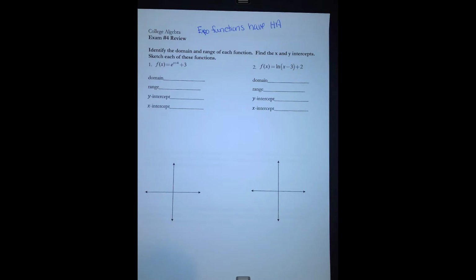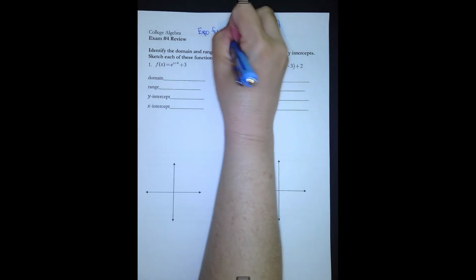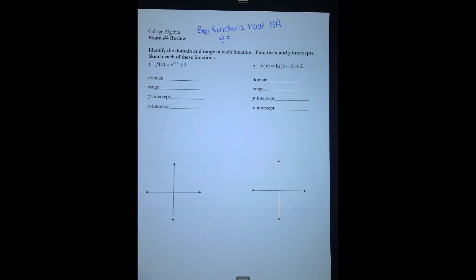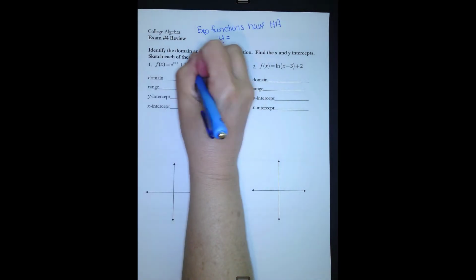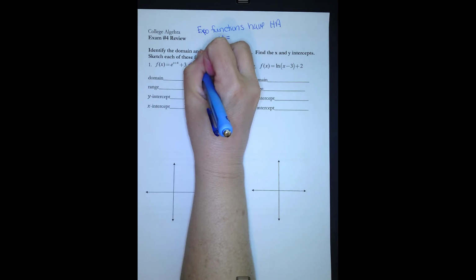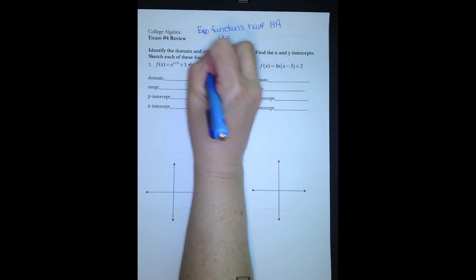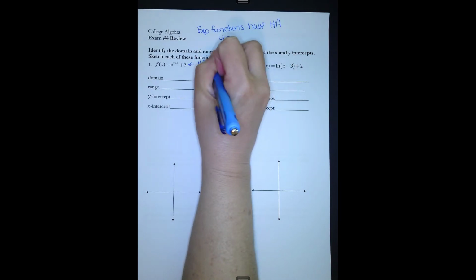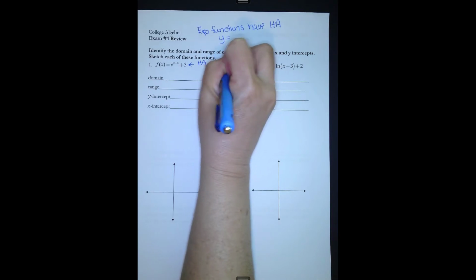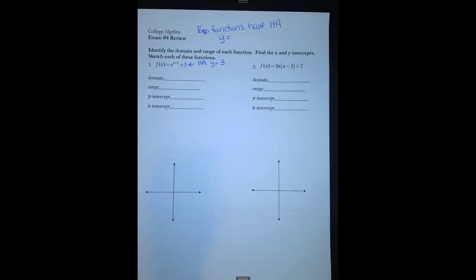And that horizontal asymptote is going to be in the form of y equals. So with that, our horizontal asymptote is just right here. So our HA is at y equals 3.